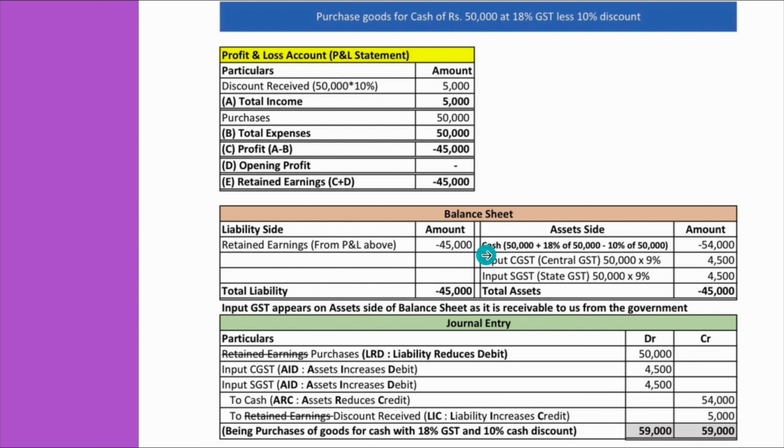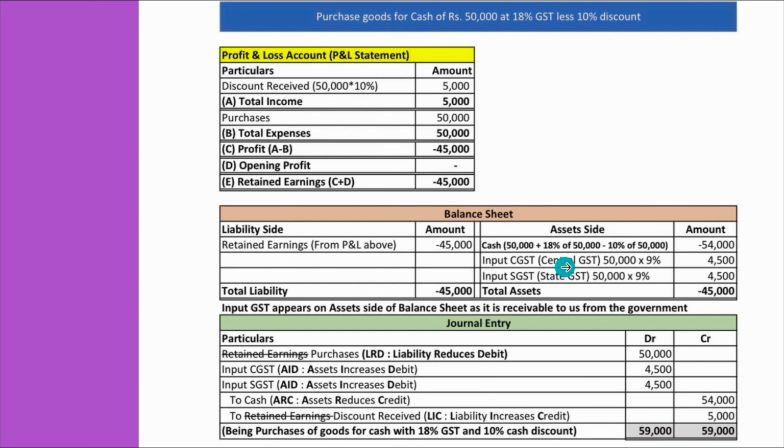Now cash gone out is 50,000 ideally for purchases of the goods, but there is an 18% GST. So 18% of 50,000, minus we got a 10% discount. So we have not paid the entire amount, but only after deducting a discount of 10% of 50,000. So net cash outflow is minus 54,000.